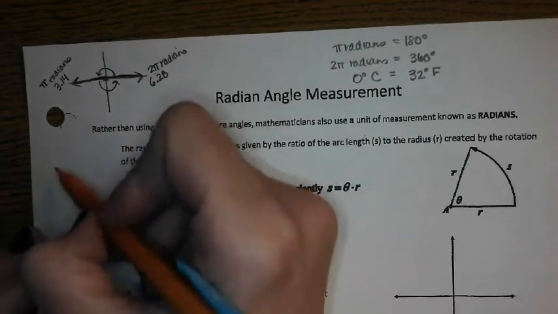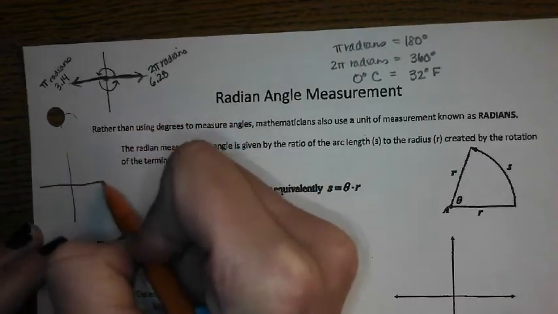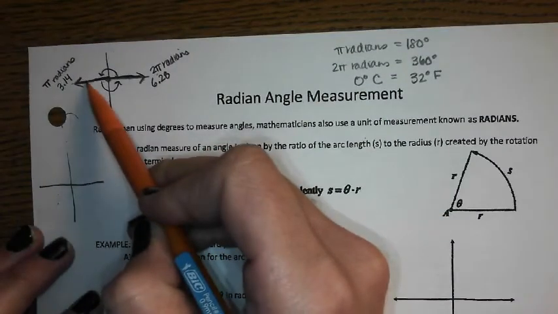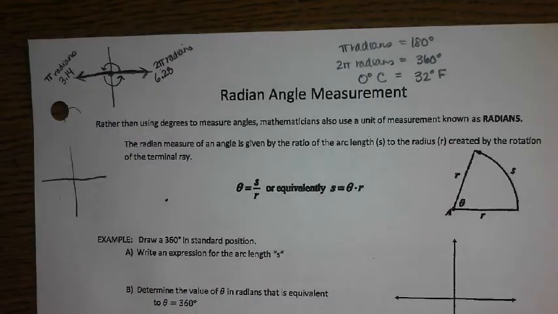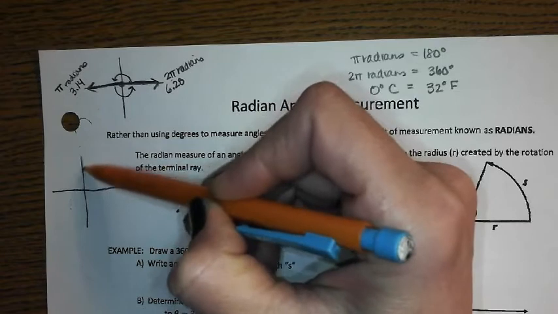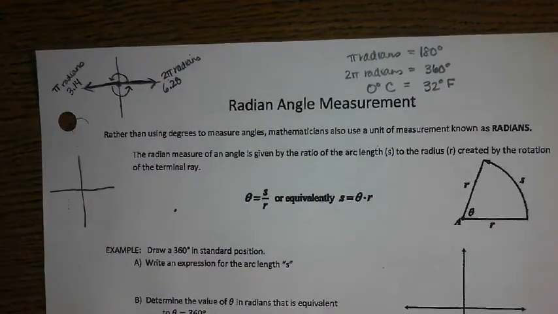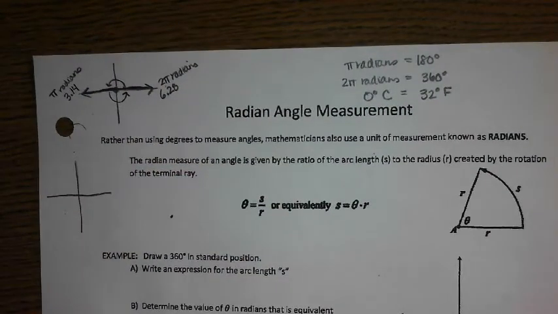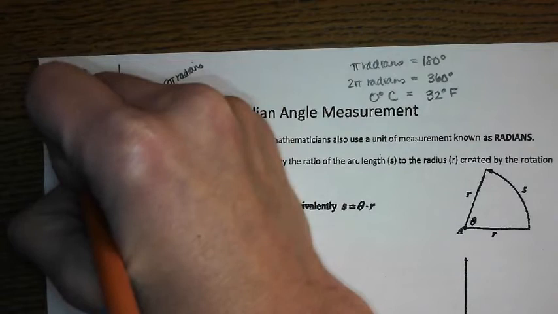Where would you guess, if this is 3.14 radians, what's this? Calculators. Approximately 1.57. Very good.